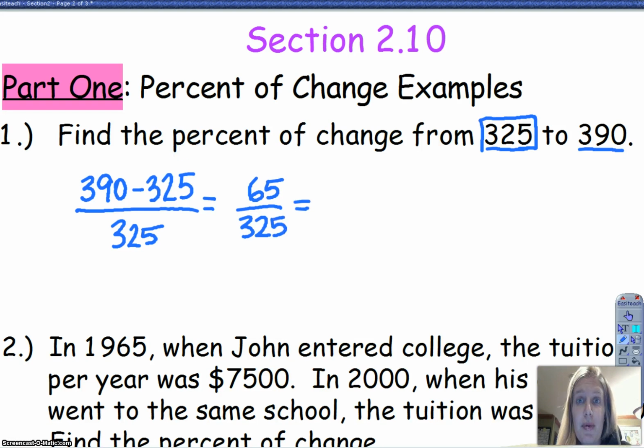Now, very, very important to note is that now we're going to divide these and change this into a percent. What happens is some kids divide this, and then when they write down their number, they only write down 1 decimal point. Very important is to write down three decimal places.